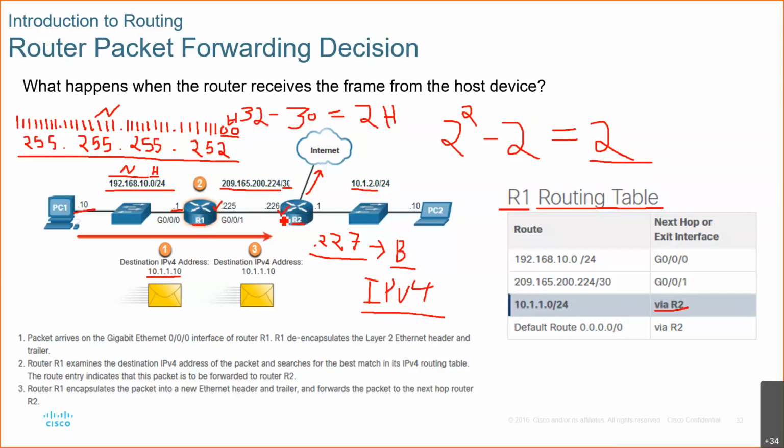So whenever you look at IP version 4, look at the network address, then network address plus 1 will be your first IP address, and your last IP address plus 1 is your broadcast address, as long as it's IP version 4. Keep that in mind.